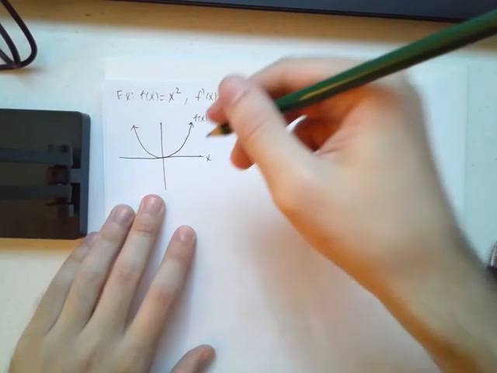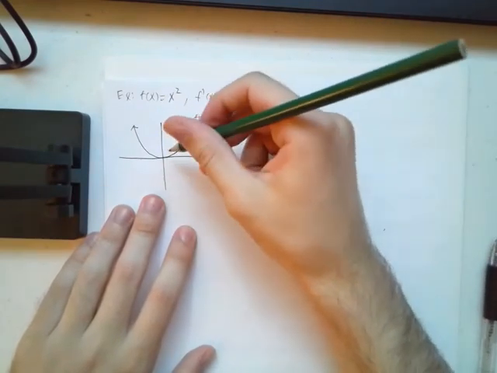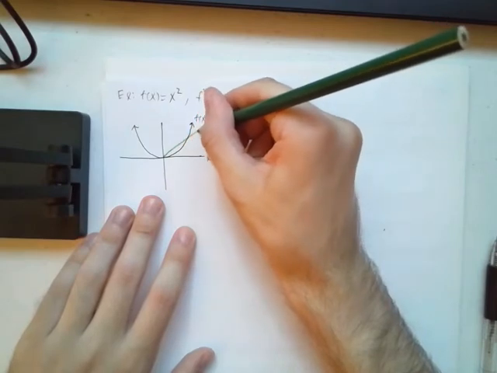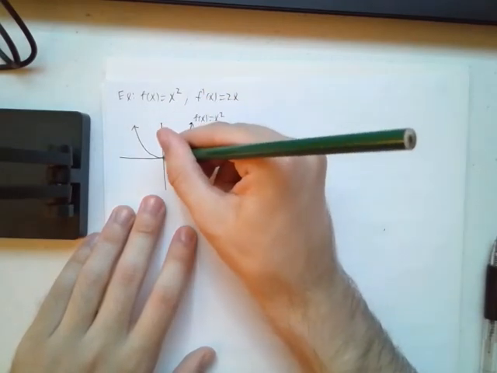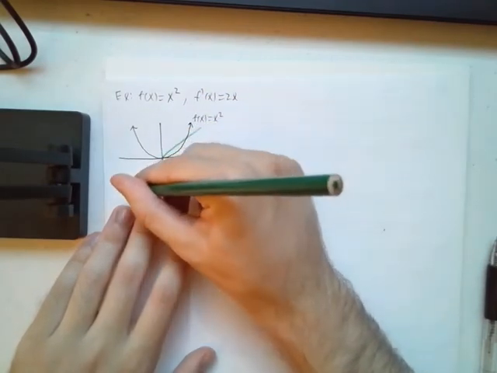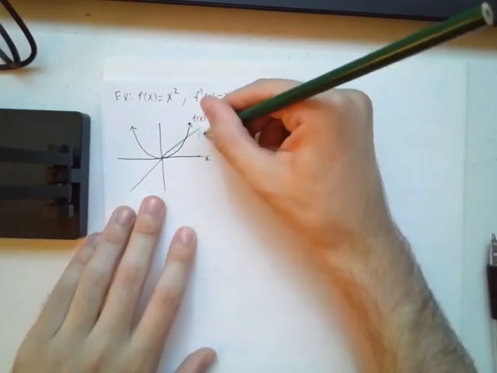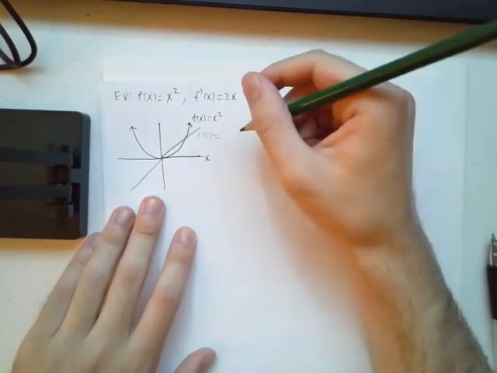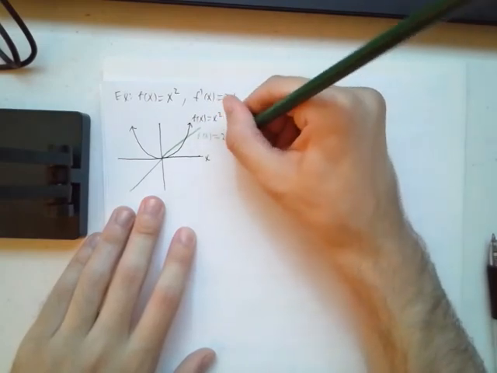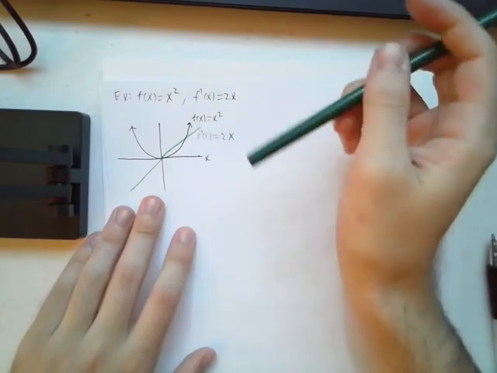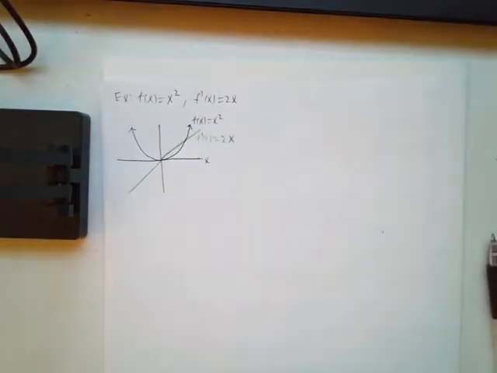Hopefully the color shows up on the scanner. I'm doing this in green. Or I should say, yes, f prime of x equals 2x. So this is a separate function, so we can plot the graph of that as well.